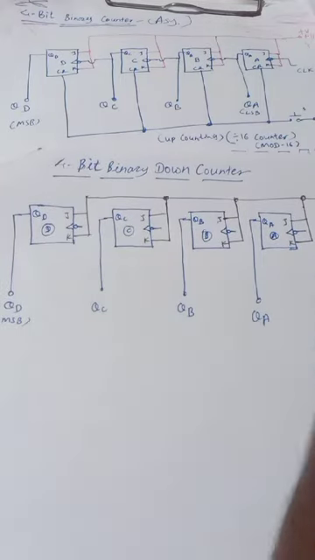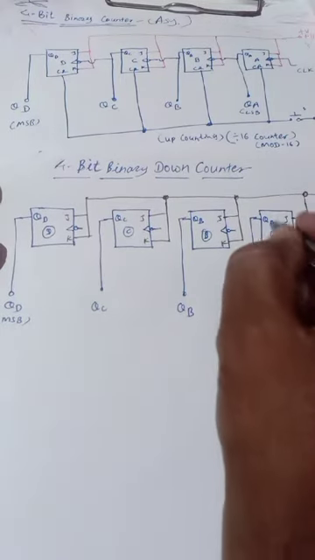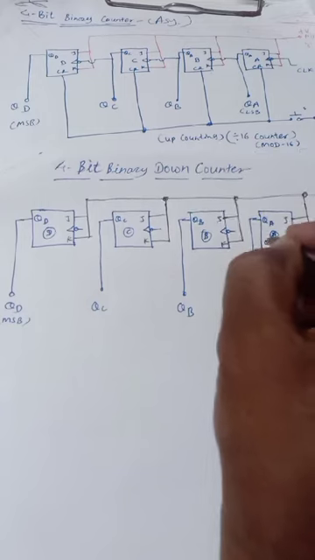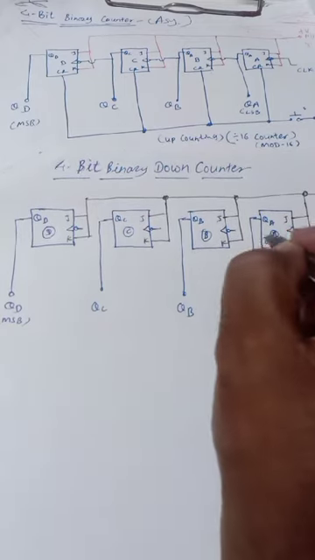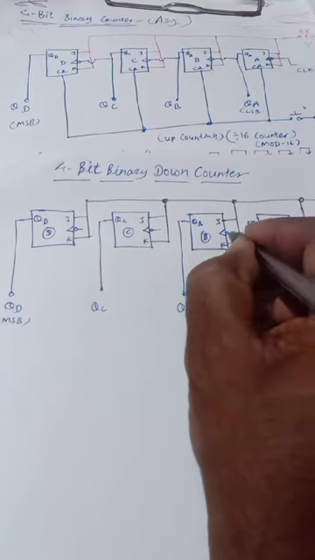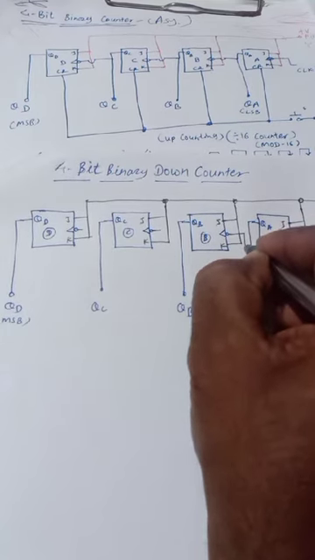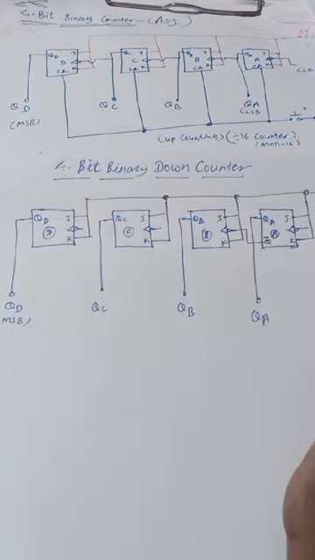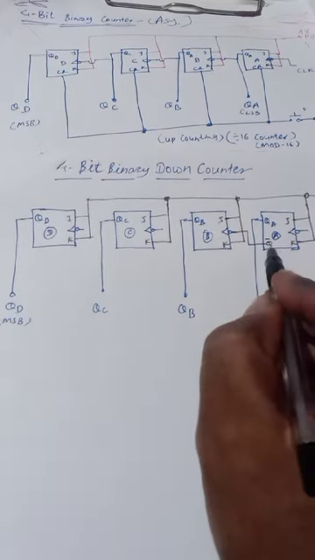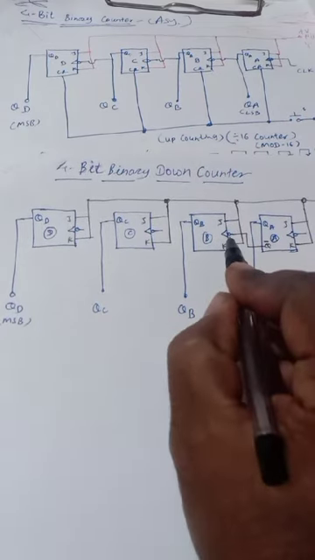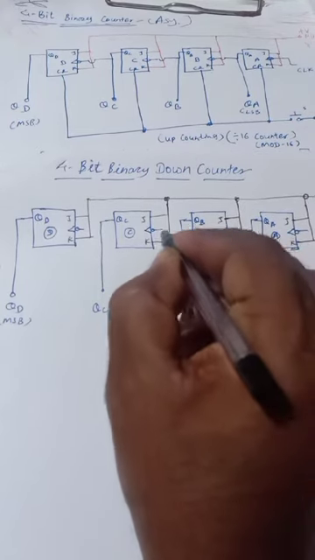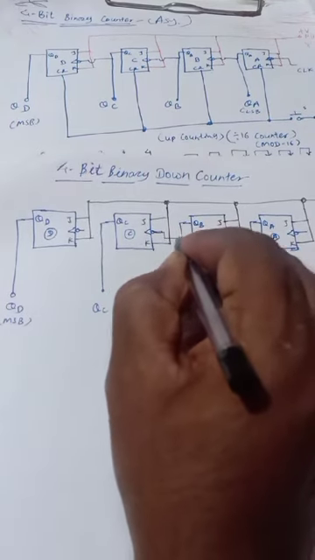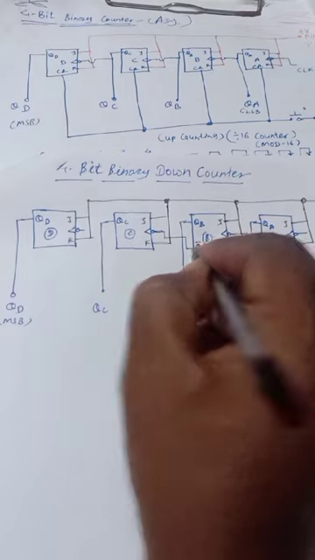Now the difference is we are going to apply a Q bar output to the clock of the next. Here Q bar is used as the clock of the next. Here also Q bar is used as the clock of the next.